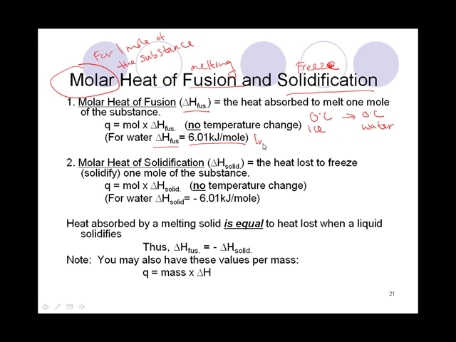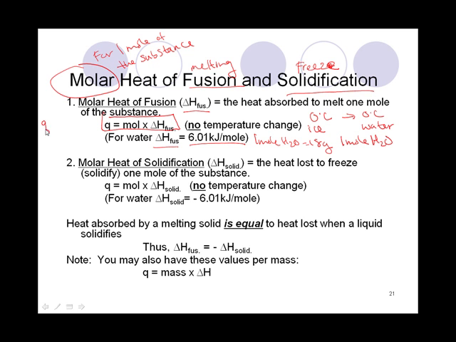I know that 1 mole of H2O weighs 18 grams, so I only have 1 mole of H2O. So the amount of heat I need to add to change 18 grams of ice at 0 degrees Celsius to water at 0 degrees Celsius, I will use this formula right here.